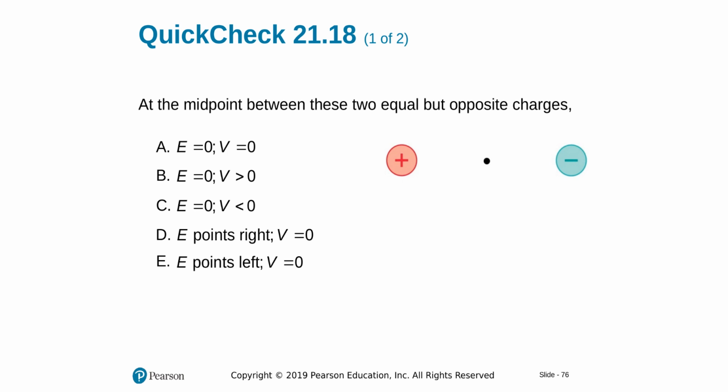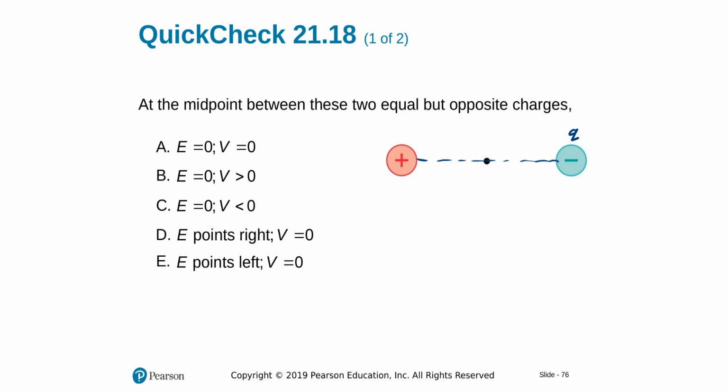At the midpoint between these two equal but opposite charges, what is the electric field and what is the electric potential? Ooh, nice. Electric field, a vector. Let's show it first. Negative charge, always towards, let me use blue for negative.